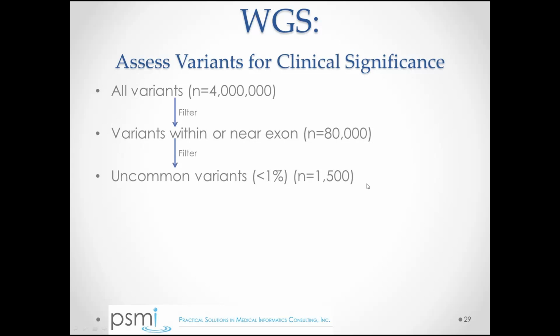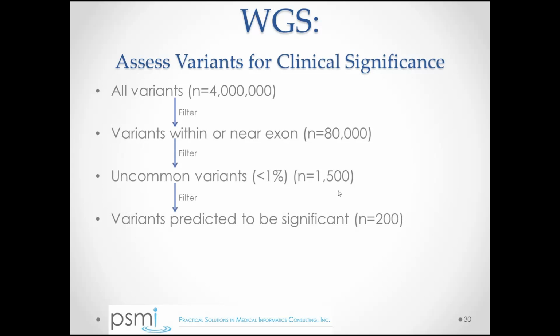Then I'm going to wind up with now a list of only 1,500 variants, which is still a lot, but it's a lot easier to manage than 4 million. Okay, so now we got about 1,500 variants. But that's still a lot.